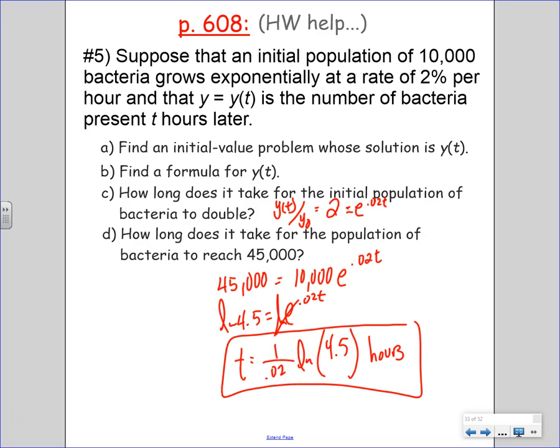You have 1 over the rate of change times ln of the ratio of what you have to what you started with. Once again, they give you a harder differential equation so that you can't just use the memorized tricks. Does that kind of make sense though, guys, what we're doing?